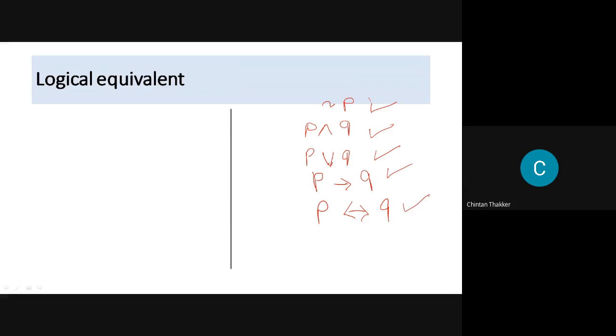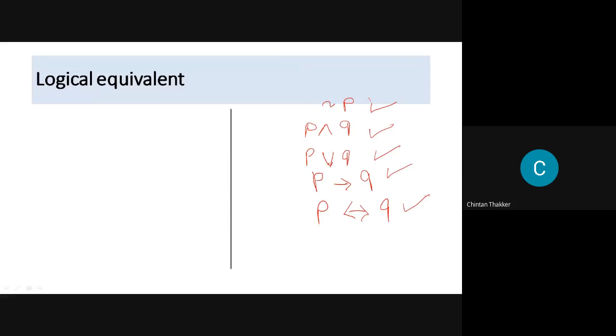and biconditional statement. Now we have the definition of tautology. A compound statement is called a tautology if it is true for all values of the involved statements. Okay, means no matter whether the involved statements are true or false, the compound statement is always true, then that compound statement is called a tautology.